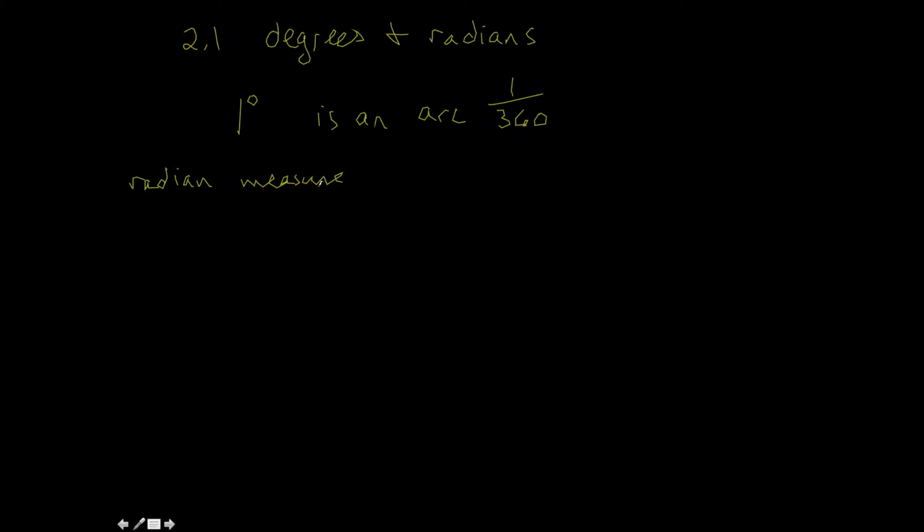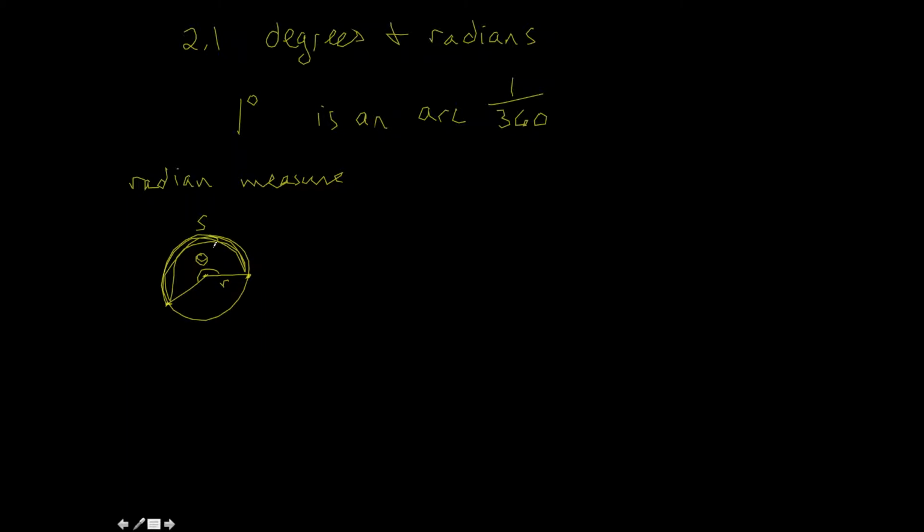And so basically what this says is that if we have a circle, okay, and here's the center of our circle, this is our radius, and let's suppose we're going to look at this arc right here. We're going to call this arc S, and this is the angle that's subtended by that arc.